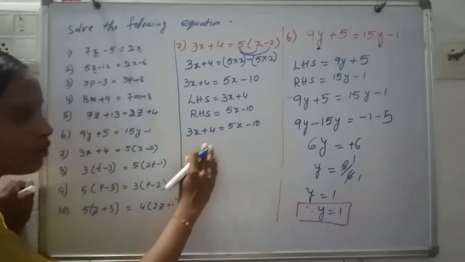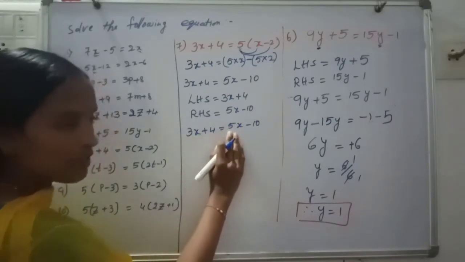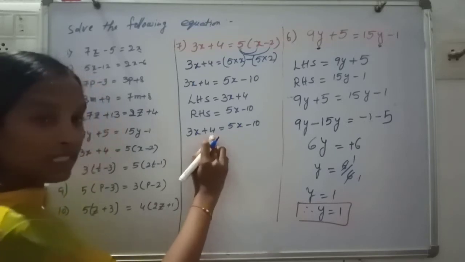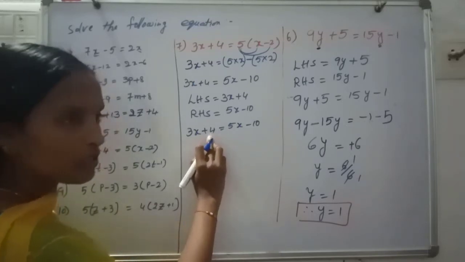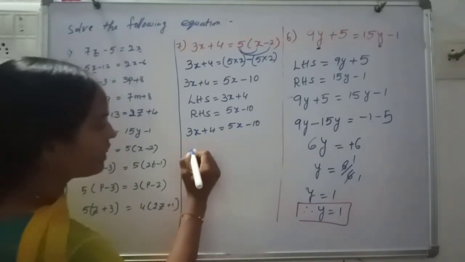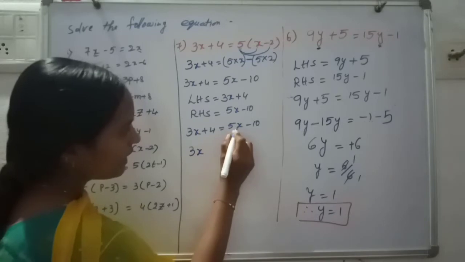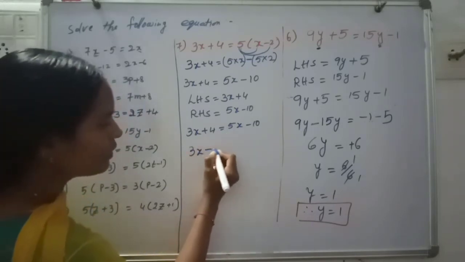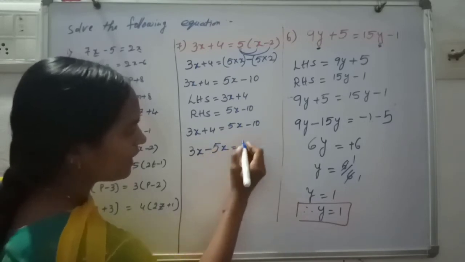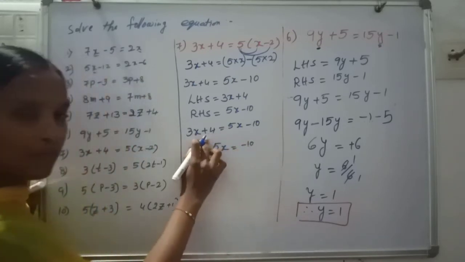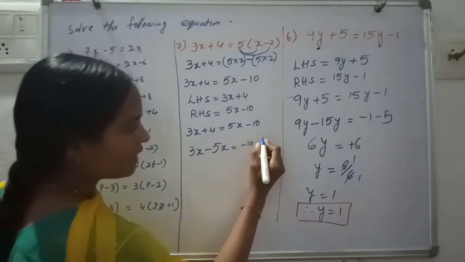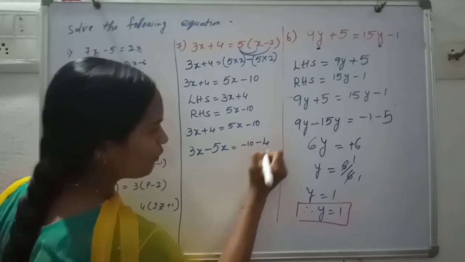Now write the x terms on one side and the constants on another side. I am taking here 3x, here plus 5x comes to the LHS side as minus 5x, equal to minus 10, LHS side plus 4 goes to the RHS side, then here 4.